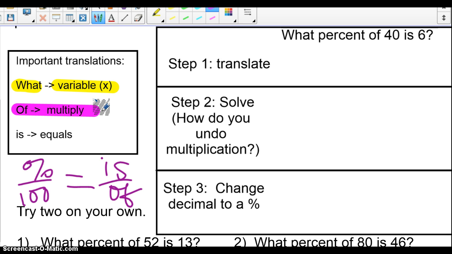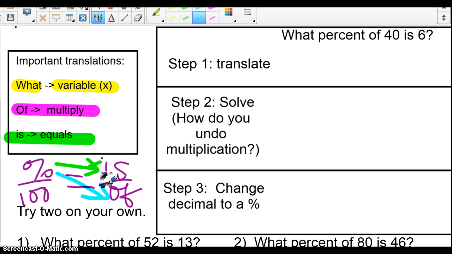Now you have to be careful with order here, but of does mean multiply. Then is means equals. So when I look back to what we did yesterday, the is means equals because that's equal to your percent. And then of means multiply because generally what happens is you do your percent of ends up being a multiply thing.